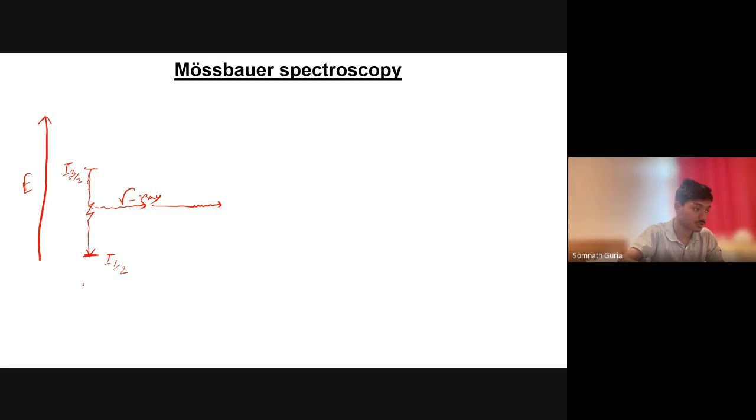This is the source, and we have the sample over here. It has to be similar in energy, otherwise it cannot absorb this light. The sample also has I equals half and I equals 3 by 2, and this energy has to be absorbed by the sample.